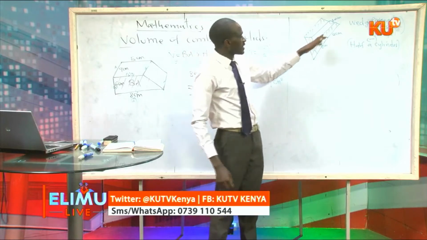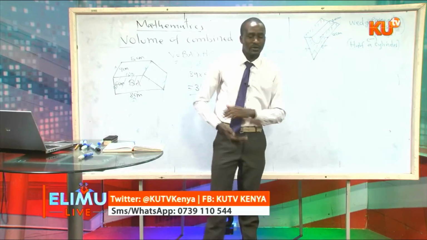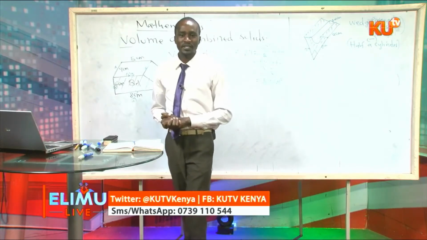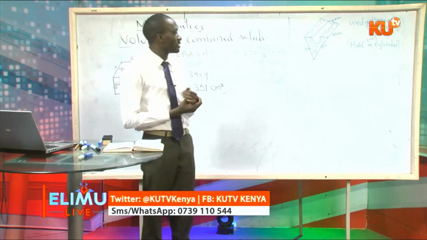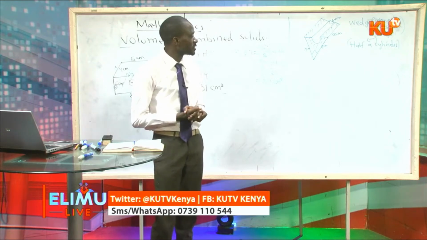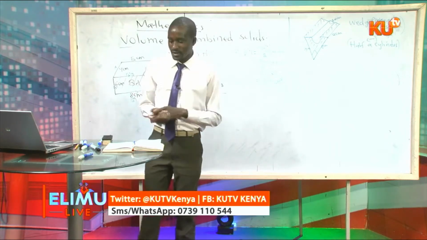You realize most learners are conversant finding volume of half a cylinder or volume of a cylinder, but when it comes to a wedge, it's a mountain to most learners.